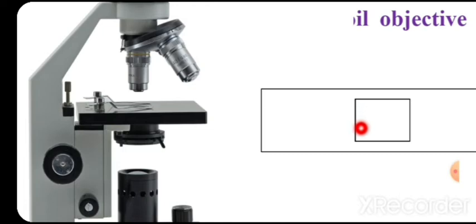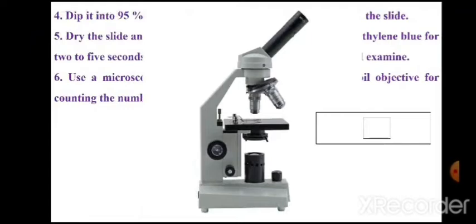Likewise, again move ahead, count the number of cells, again move ahead, and then turn the position of the slide in this direction. Then again move ahead like this, count the number of cells, again like this. So in a spiral fashion, you have to turn the slide and count the number of somatic cells present in one microscopic field. Approximately you can take counts from 10 such microscopic fields.